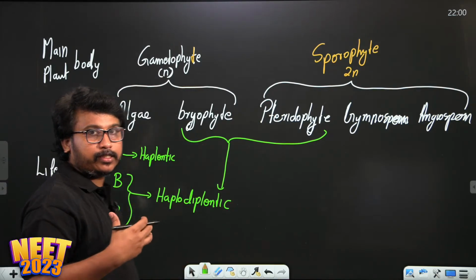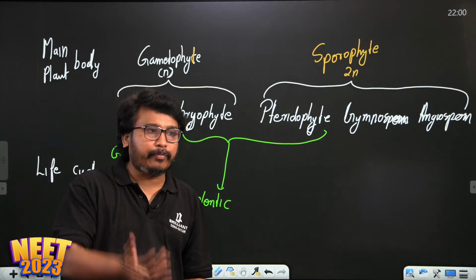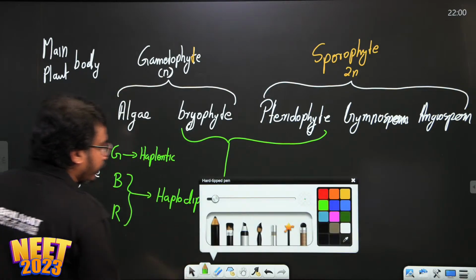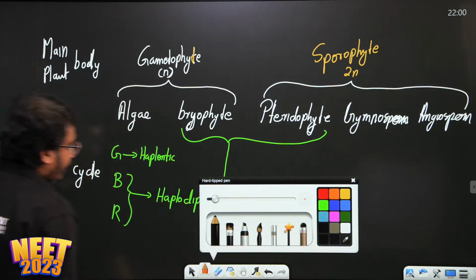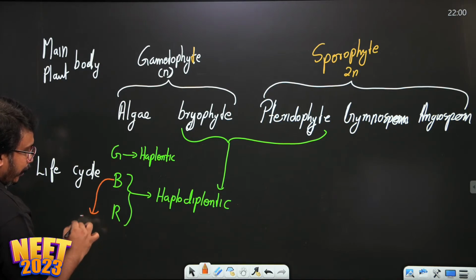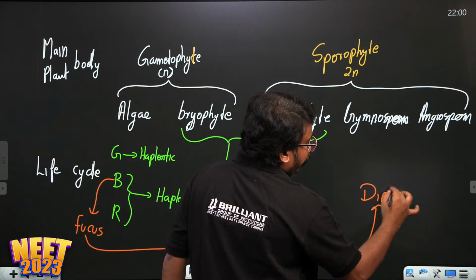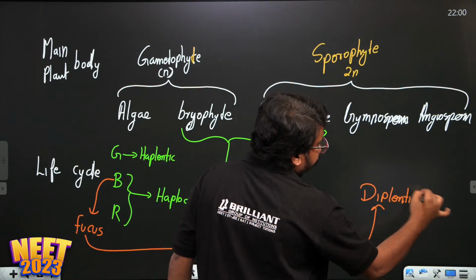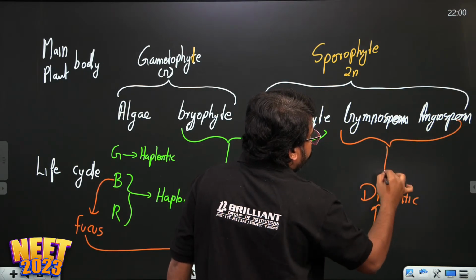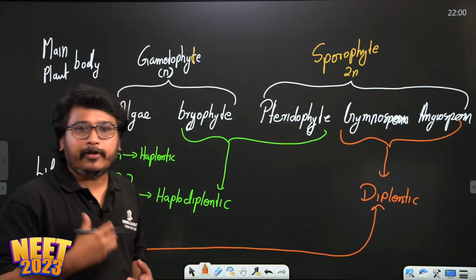That means half of the stage is in haploid condition, half in diploid condition. That is haplodiplontic. One exception I am putting in brown algae, that is Fucus. Fucus alone has diplontic life cycle. Even Gymnosperm and Angiosperm, mainly they are found in diploid stage.